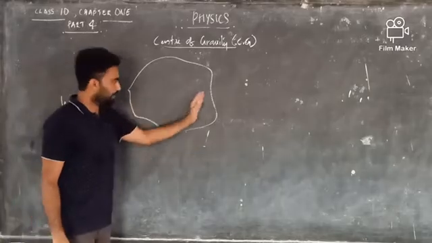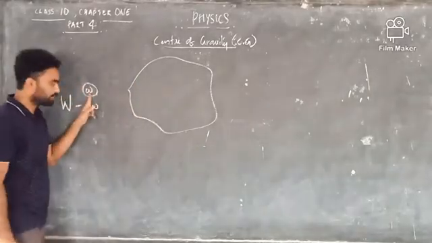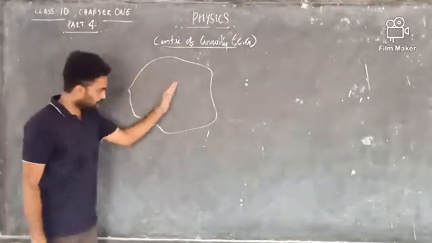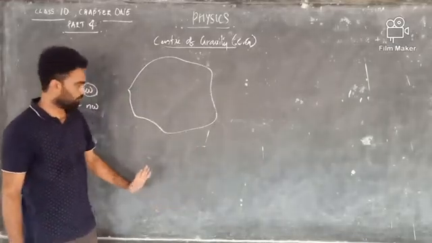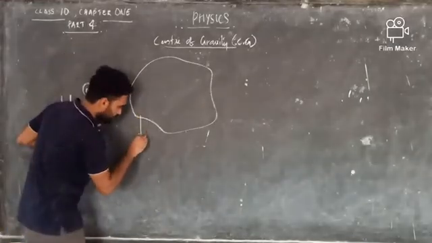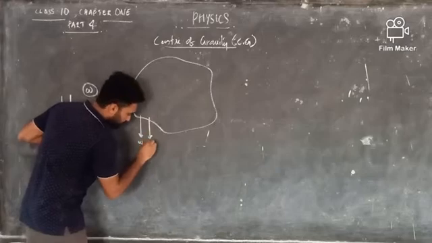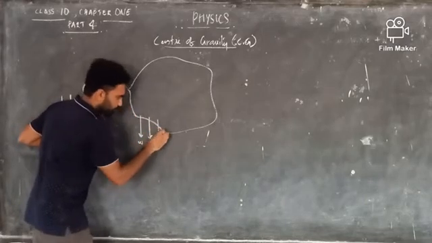Now each particle has a weight w, and that will act in the downward direction due to the gravitational force. So all these weights act downward and are parallel to each other.